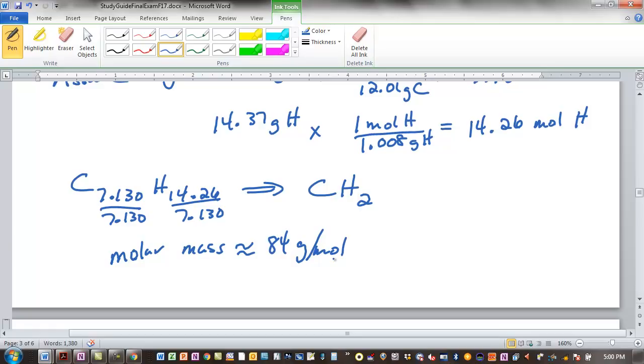So what do we do there to go from empirical to molecular? Divide by the molar mass of CH2. Okay, so divide by the mass of CH2, so the empirical mass.